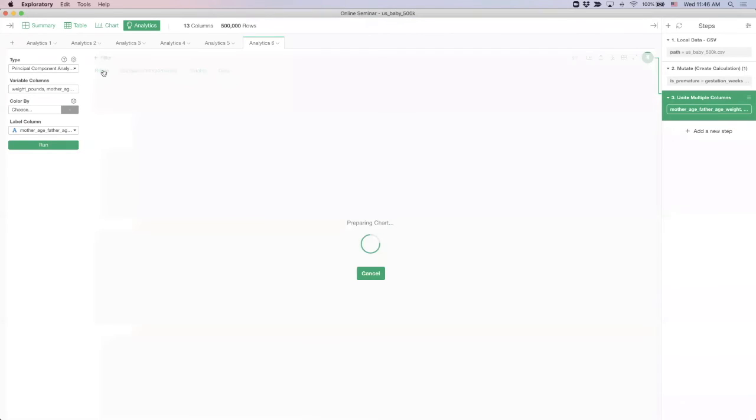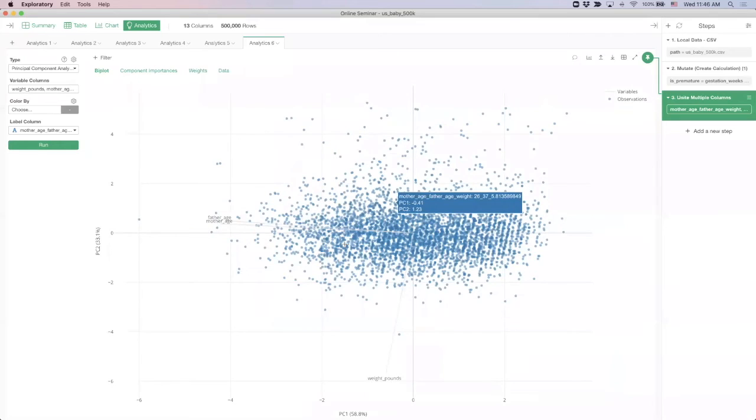So even though we used to have three variables, mother age, father age, and weight pound, now we have X and Y, but we still have the original 91% of the information presented in this chart. And not only that, we can see which variables are correlated and which variables are not correlated at all.